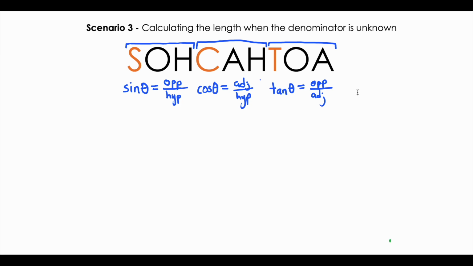So then the final scenario now, when the denominator is unknown. This goes in levels, right? The first scenario would have been the easiest one to do. The second scenario is the next one. And the third one is the one that will give you the most challenge, which isn't hard. It's following the same process, but we just need to do an extra step. In this case, the denominator is unknown.